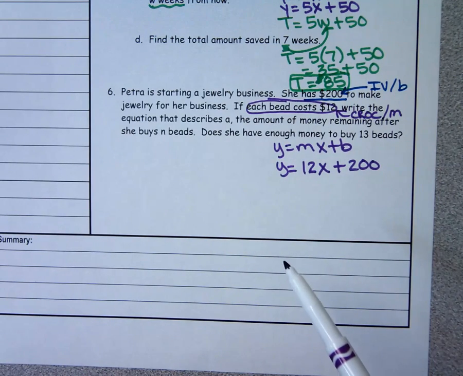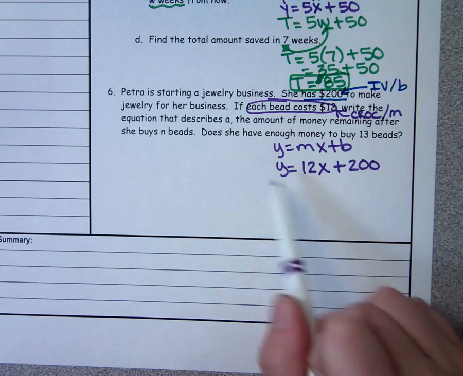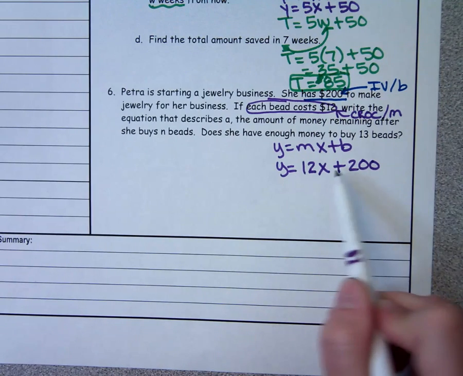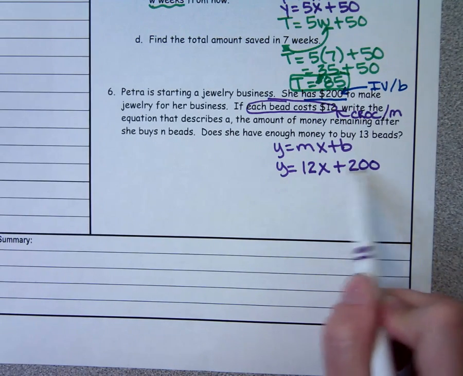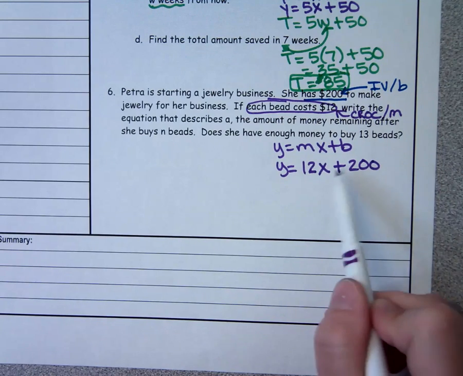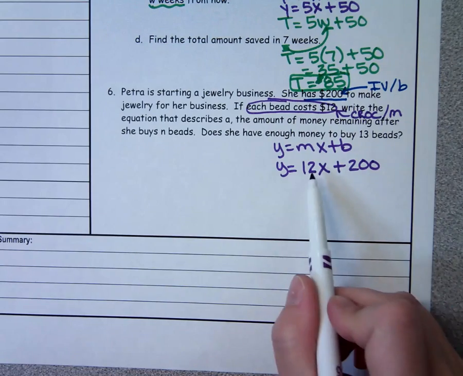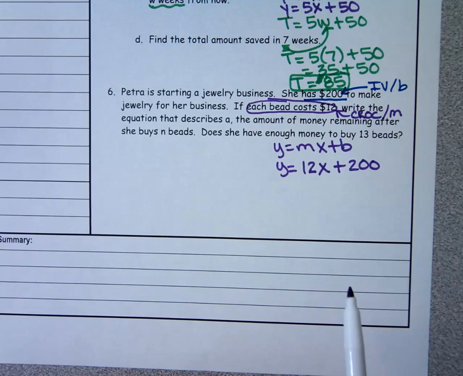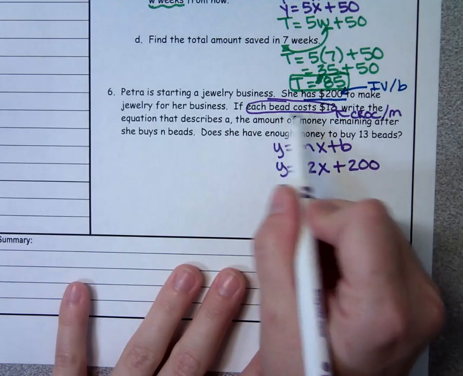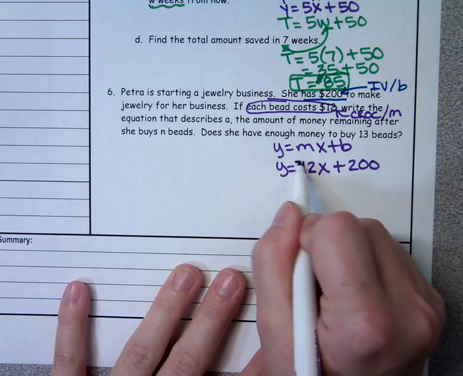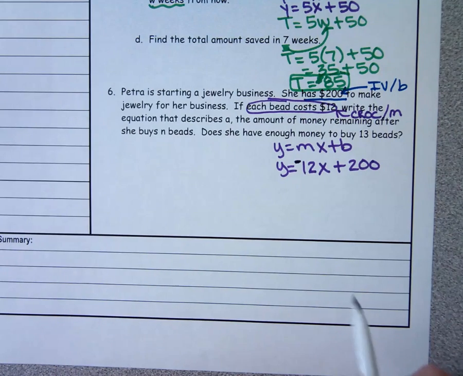So let's look at what I wrote here. This $200, that's the money she has. So it's a positive 200, that sounds good. And each bead costs $12. So do you think that this should be a positive 12? Nope. If the bead costs $12, that $12 is coming out of her pocket every time she uses a bead. So it's going to be a negative 12.